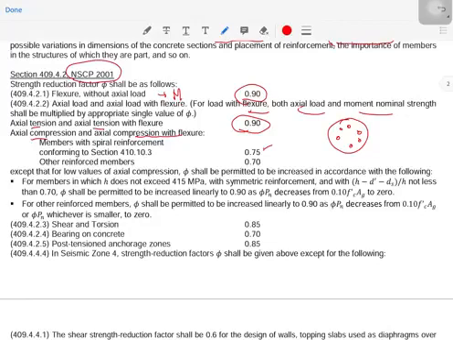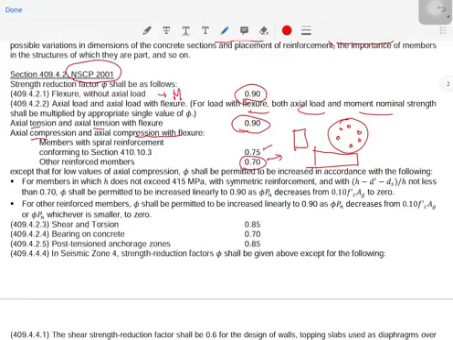Then for other reinforced members, meaning, for example, if your column is a square column or a rectangular column, that is 0.7. Okay, except that for low values of axial compression, φ shall be permitted to increase in accordance with the following provisions.